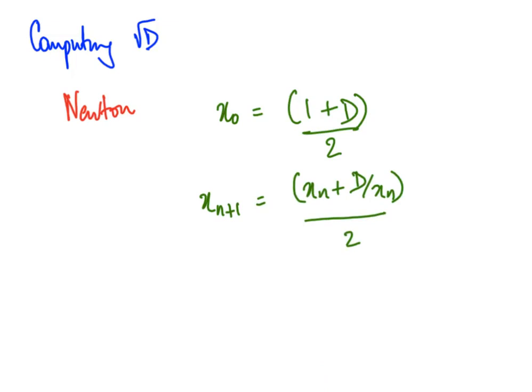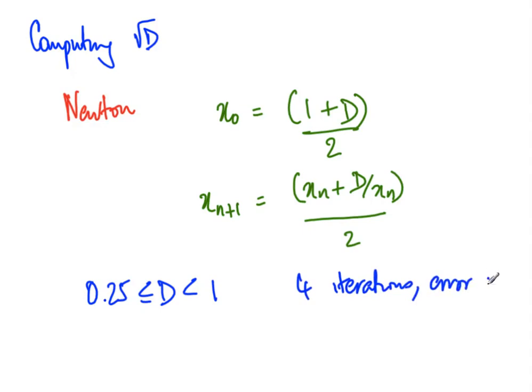And you can actually show that this will converge pretty rapidly. In fact, if d is in the range, for example, 1/4 to 1, then in 4 iterations the error is within 10 to the minus 15.